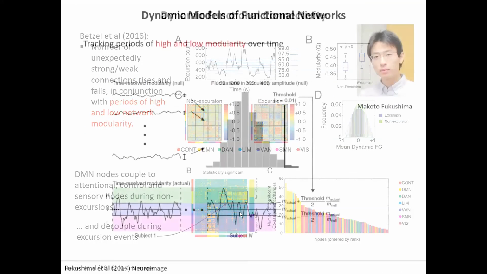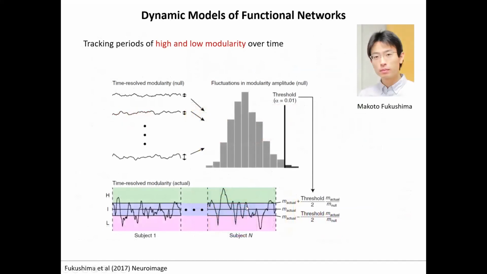I'm going to go forward here to work that we've done in our lab with my former postdoc Makoto Fukushima, and we focused on the following: modularity, right? Remember I talked about this a lot yesterday as a fundamental property of how brain networks are organized, and it also happens to be one thing that we can measure appropriately and track in functional connectivity over time.